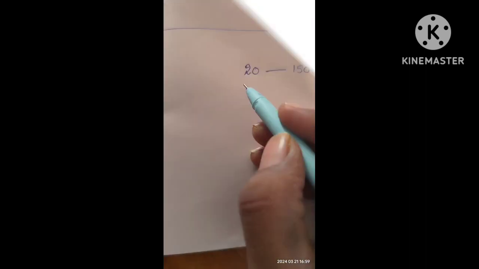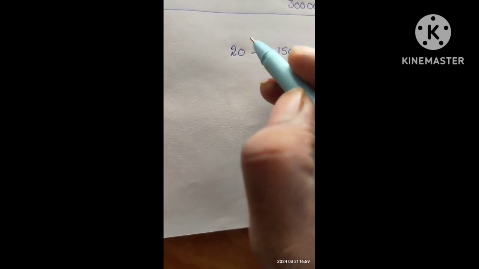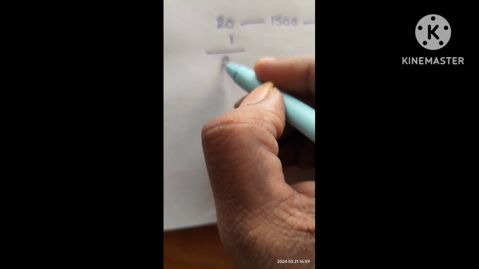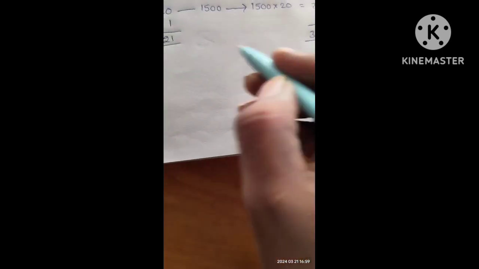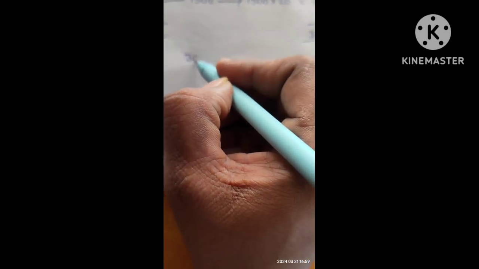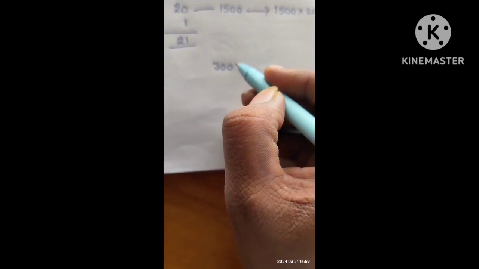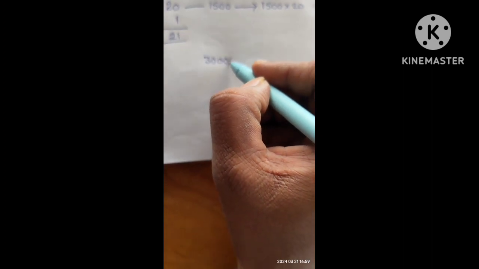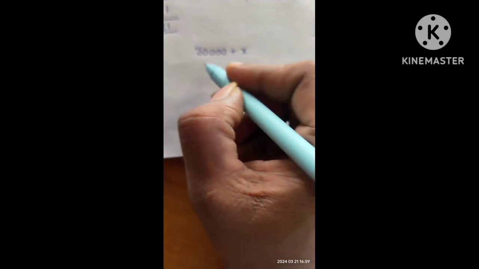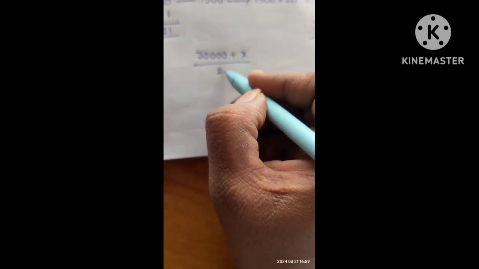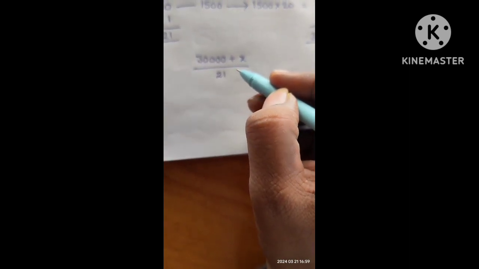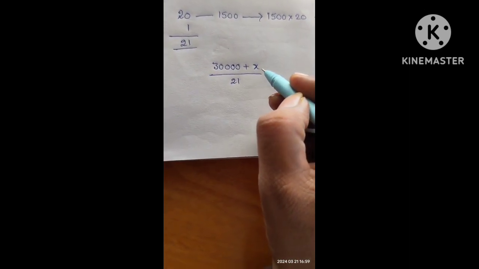And the number of persons: already 20 employees are there, plus one manager, so the total number of persons will be 21. Then the average is sum of observations by number of observations, meaning 30,000 plus x by 21. This is the average of all 21 members.